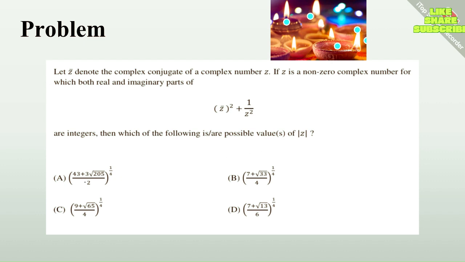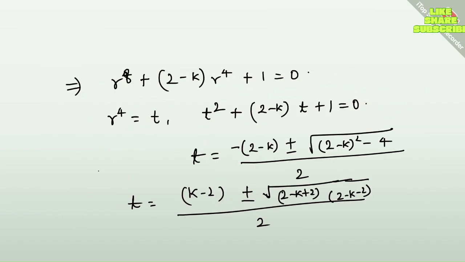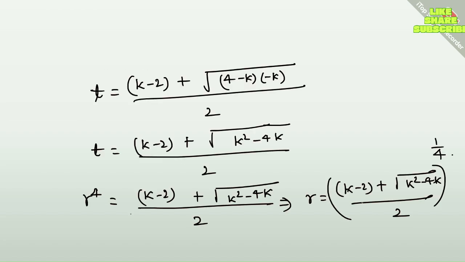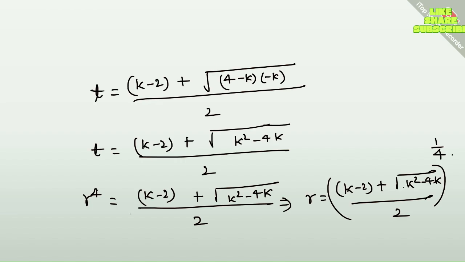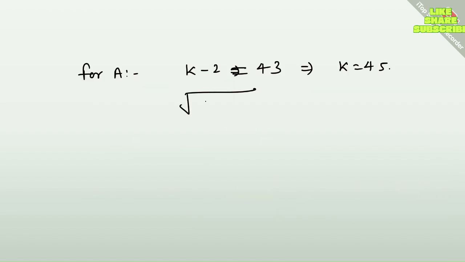So we have to check option A. For option A, if we take k minus 2 is equal to 43, this implies k is equal to 45, and we have to check the quantity under the square root.